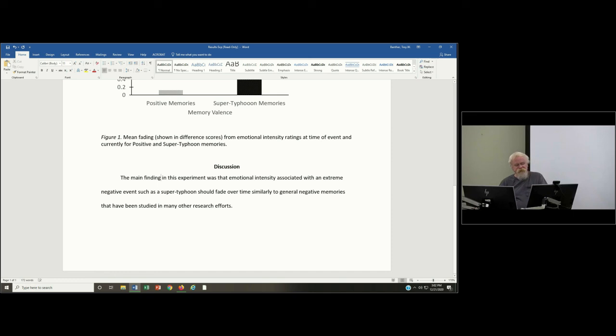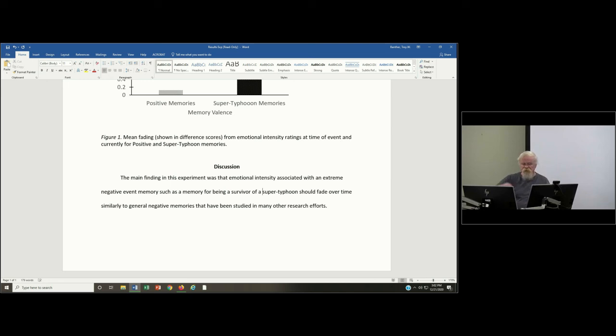The main finding in this experiment was that emotional intensity associated with an extreme negative event memory, such as a memory for being a survivor of a super typhoon, should fade over time, similarly to general negative memories that have been studied in many other research efforts.